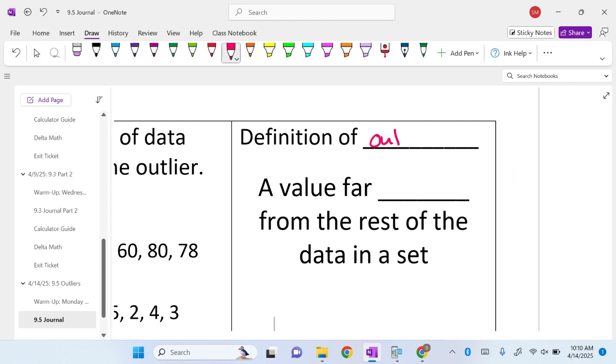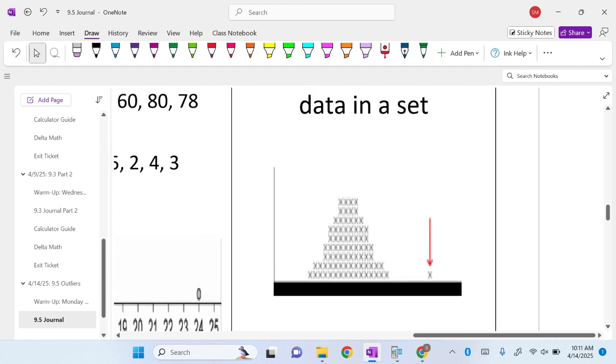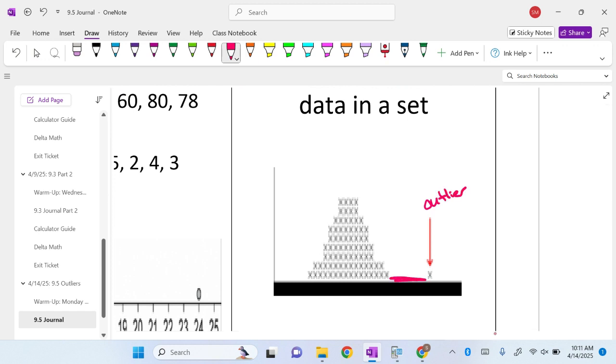So again, an outlier is a value that's far away from the rest of the data. For example, if we were looking at this data set, the outlier would be right here because there's a clear gap between the rest of the data and that one data point.